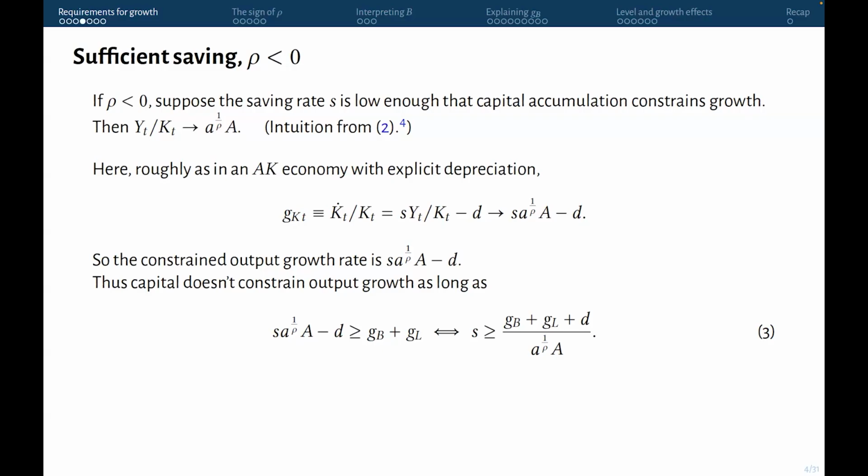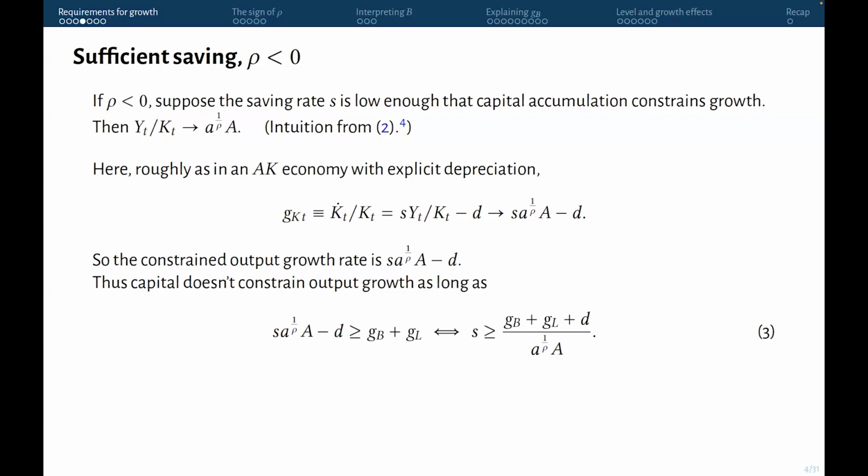So you have an AK world. We're saying suppose you're saving so little that you were just growing at the rate that the capital stock was accumulating. In that case, this would be the growth rate. And it's only if this is less than this that the savings rate is in fact low enough to constrain growth.